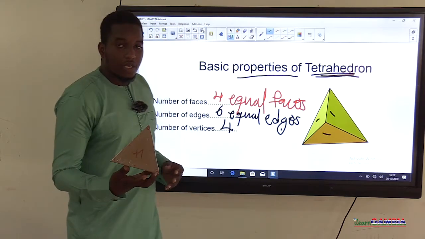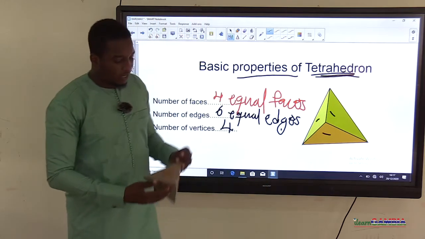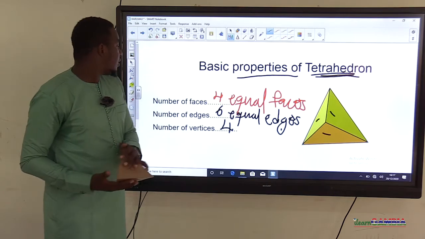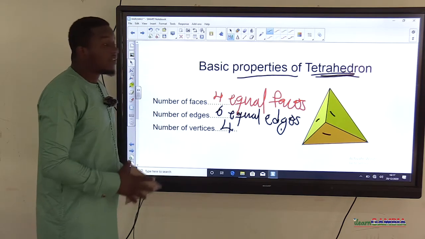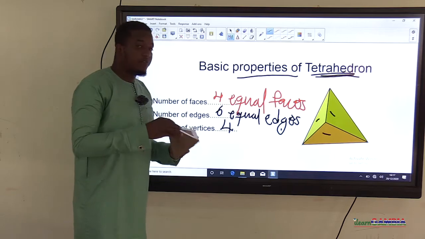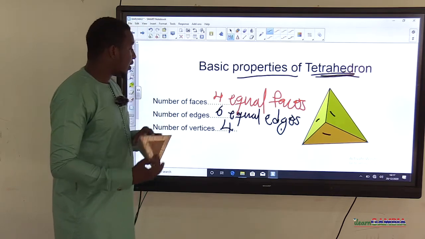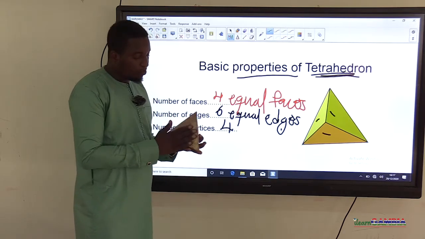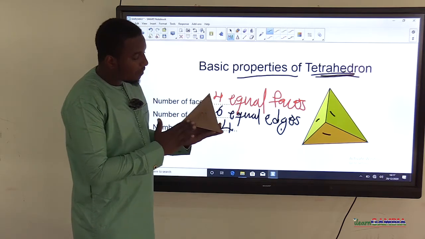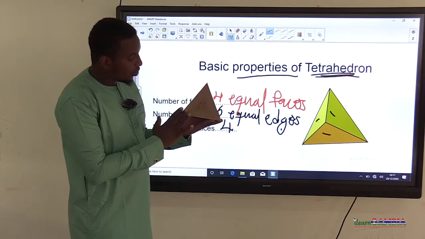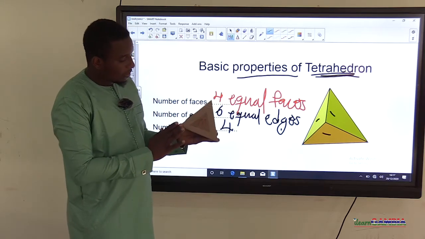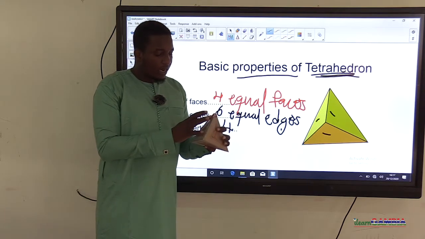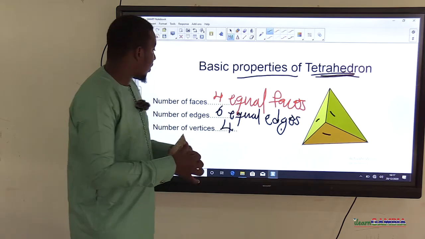So in general, whenever we are looking for the properties of a tetrahedron, here are the 3 basic properties that we need to look at. Number 1 is the number of faces. It should have 4 equal faces, and each face should be in the form of an equilateral triangle, and we know equilateral triangles are triangles that have all their sides equal.